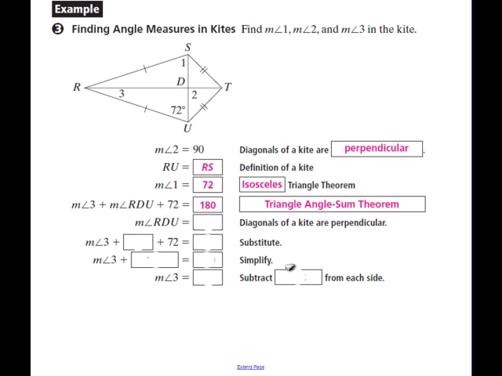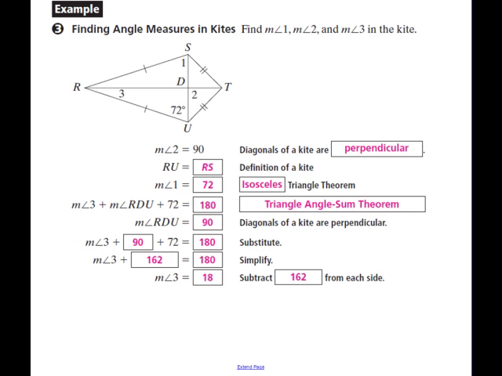We already mentioned that because this is a kite, those interior angles where the diagonals cross are all 90 degrees. They meet at a perpendicular angle. So we know RDU is 90, and we can plug 90 in here for RDU. Now we're getting somewhere. Those all add up to 180. Combine 90 and 72, we get 162. Subtract from both sides, and we get angle 3 is equal to 18.